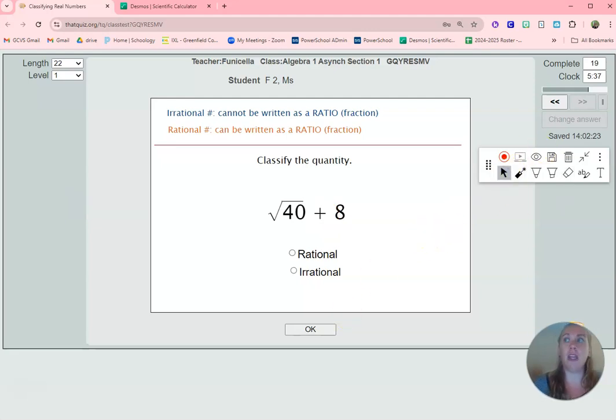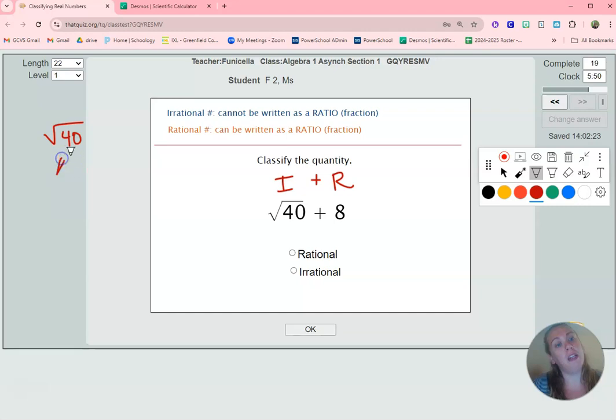A couple more here. Square root of 40 plus 8. So the square root of 40 is irrational, and we're adding a rational integer. Just as a reminder, we could simplify the square root of 40 as the square root of 4 times the square root of 10, which would give us 2 square roots of 10.